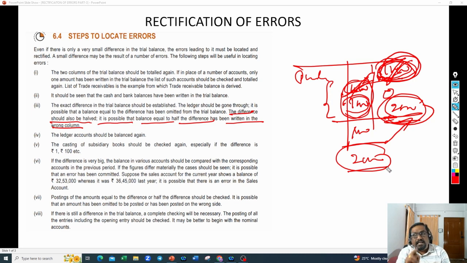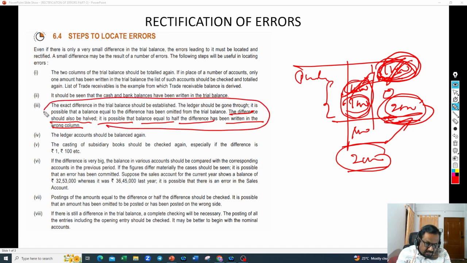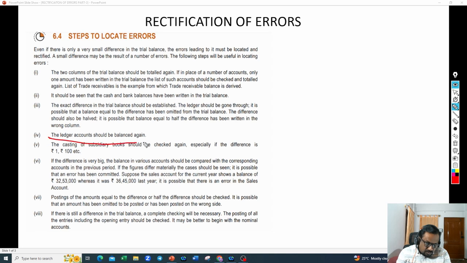If you are able to locate half of the difference, then you can understand, oh, this half value has been posted on the wrong side, because of which the full value difference is coming. That is how you need to figure out the error. That is what this point clearly says. I hope you are clear. Next, the ledger account should be balanced again.